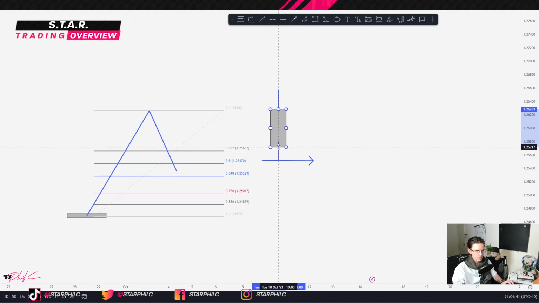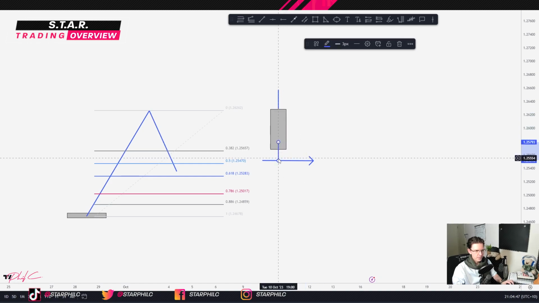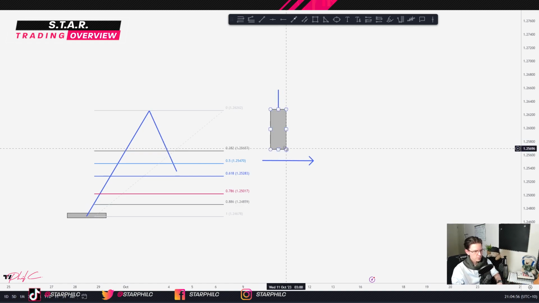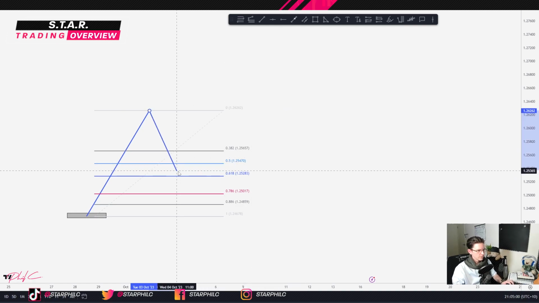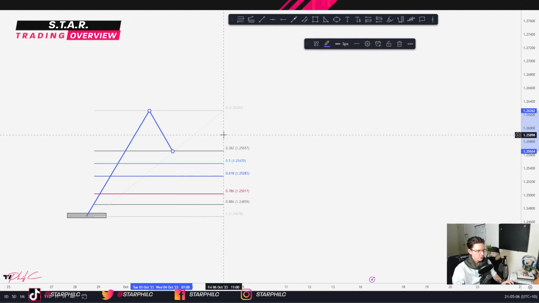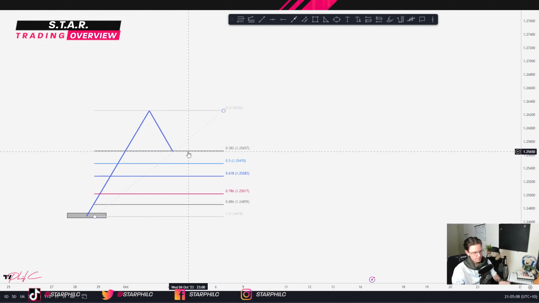The body can come down, touch the 618, but it must close above the 618. So if you have a wick that's past the 618, that's okay, right? It's still valid. So just make sure that that is understood. Price action comes down, hits the 618, but must close above that. Minimum is a 382. So this is condition 1.